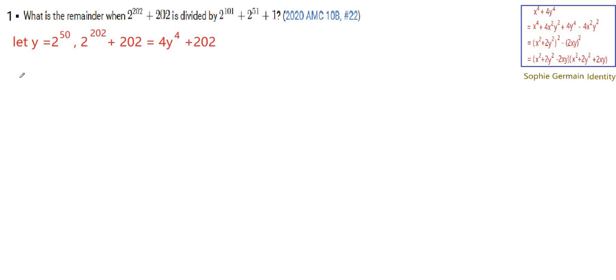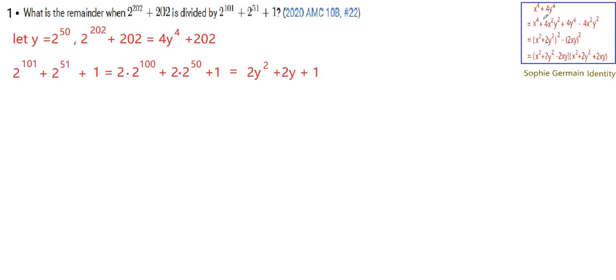And for 2^101 plus 2^51 plus 1, it is 2 multiplied by 2^100 plus 2 times 2^50 plus 1. And this is 2y squared plus 2y plus 1.